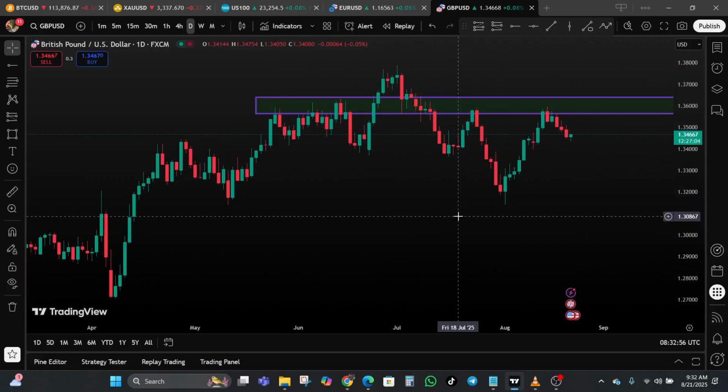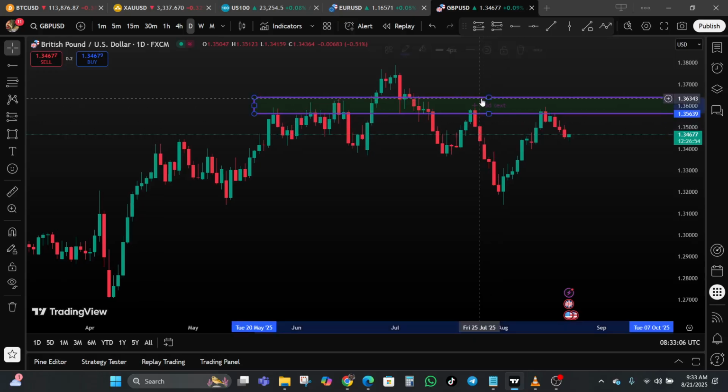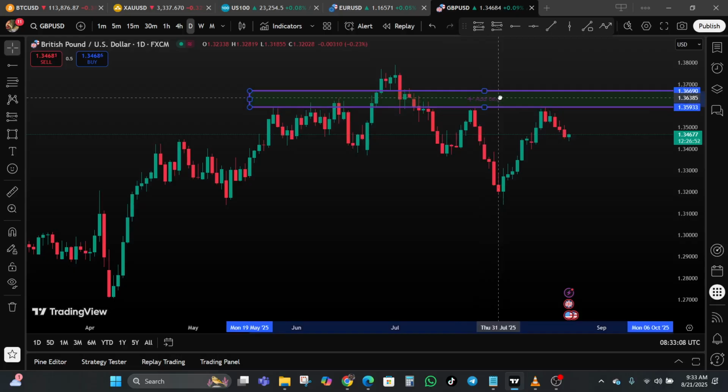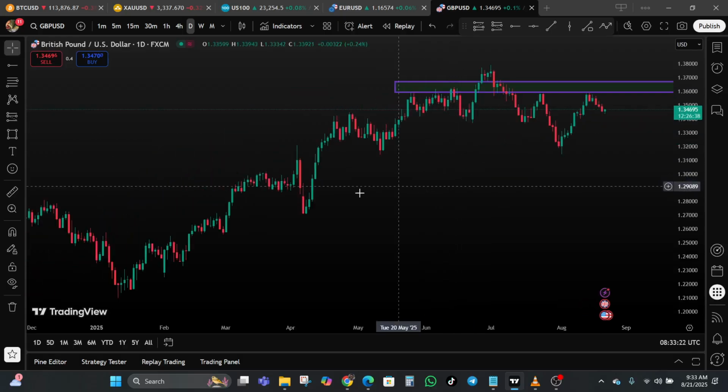So once you have identified a candle that pushed into a significant area, but closes in the opposite direction, that candle needs to have a wick, preferably a strong wick.